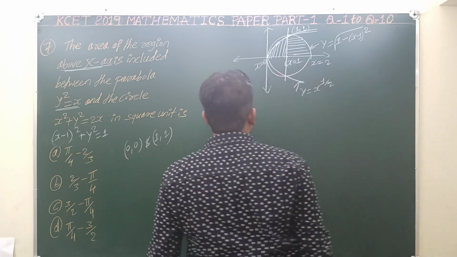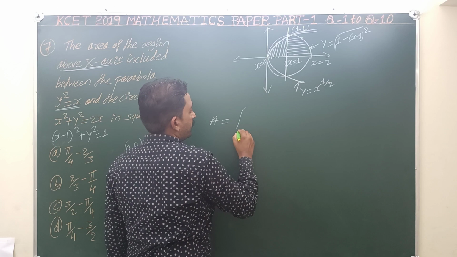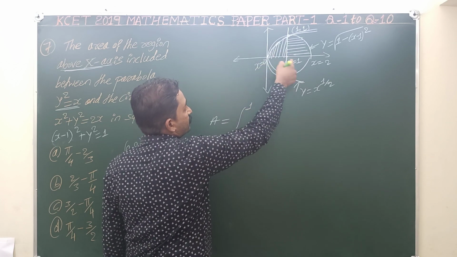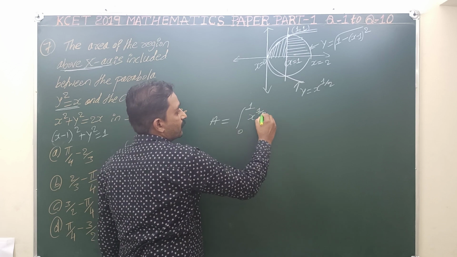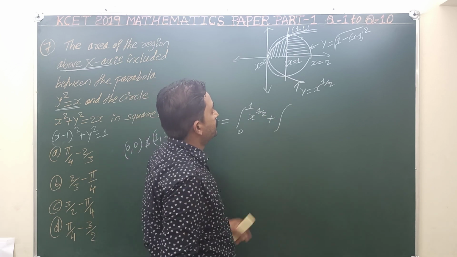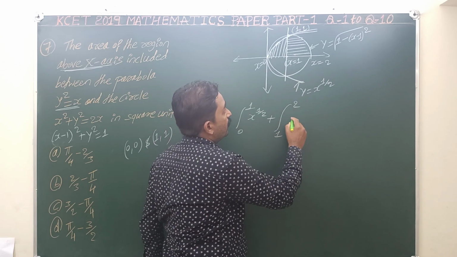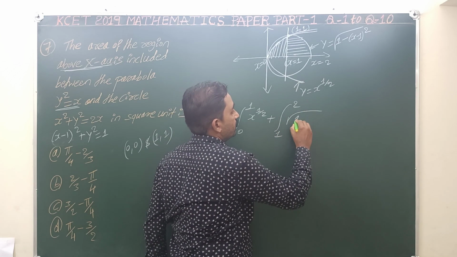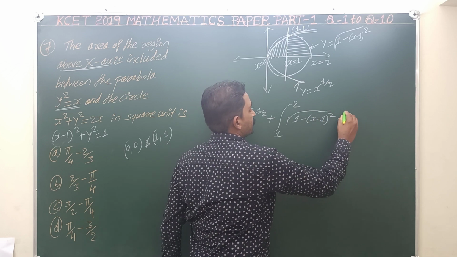Now find the area. A equals the integral from 0 to 1 of x to the power of 1 by 2, the area under the parabola, plus the area under the circle from 1 to 2, the integral from 1 to 2 of the square root of 1 minus (x minus 1) whole squared with respect to x.